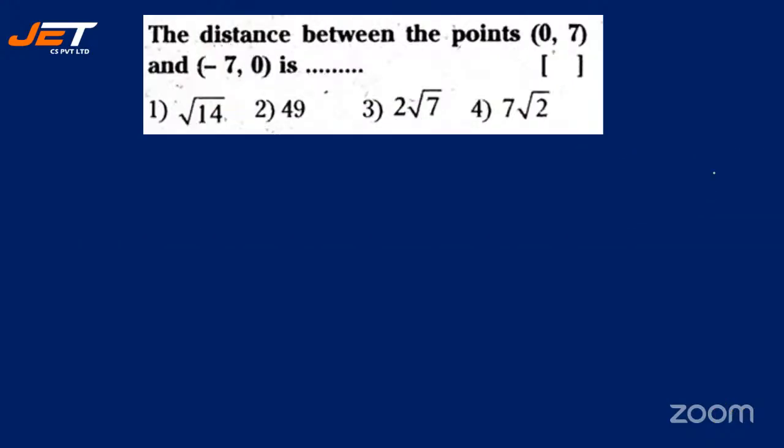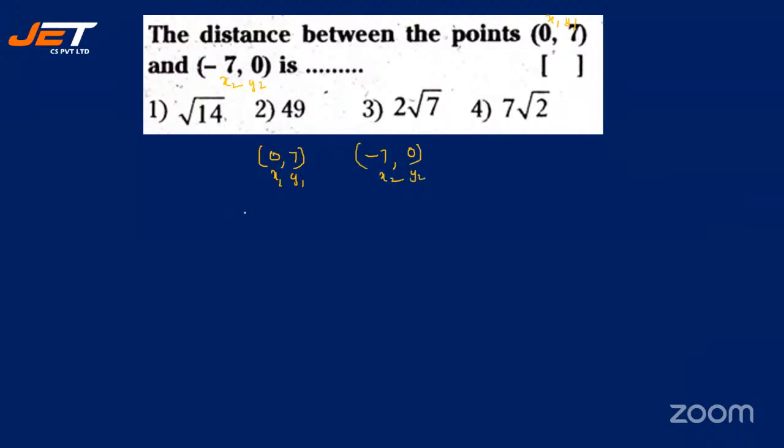The distance between the points (0, 7) and (-7, 0). What is it? Now we know the distance formula, isn't it? For your understanding, I still have space here: x1, y1, x2, y2.